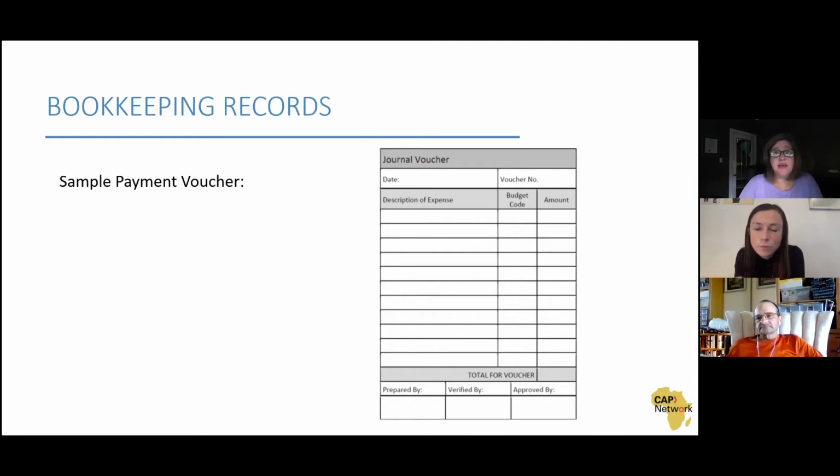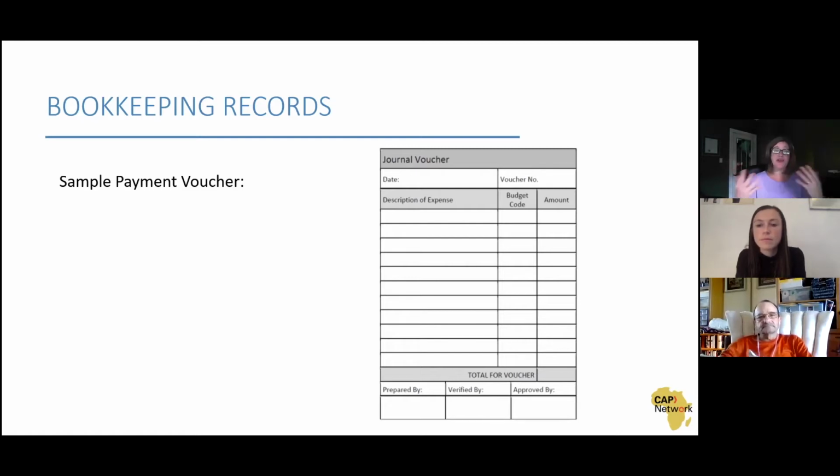So I think that entering expenses in Excel is a good practice, and I think we'll get to that. But I think having paper documents is also important, because you will have receipts and things that you're going to have to store somewhere.